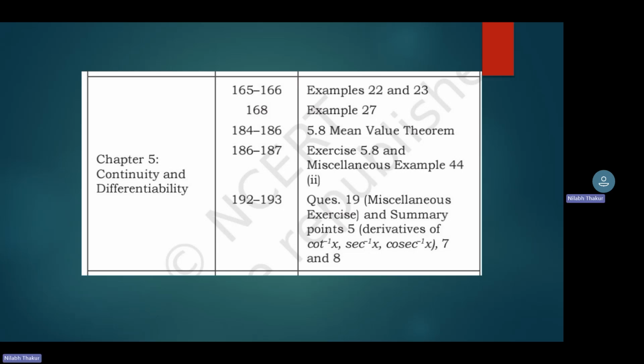From page number 186 to 187 of NCERT textbook volume 1, you can skip miscellaneous example 44, part 2. Page number 192 to 193, question number 19 of the miscellaneous exercise. And summary points 5, 7 and 8, you can skip or delete while preparing for this year.